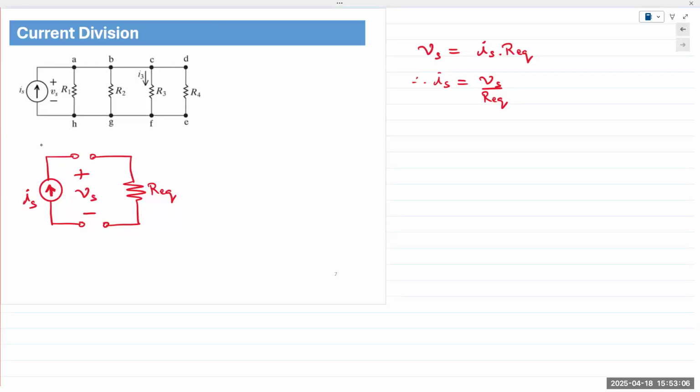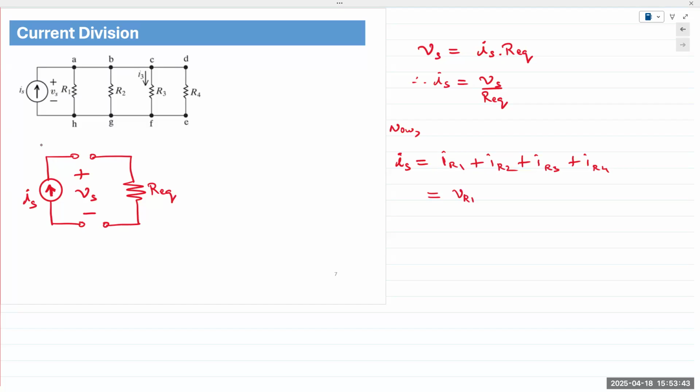IS is equal to IR1 plus IR2 plus IR3 plus IR4. And I can write IR1 would be VR1.